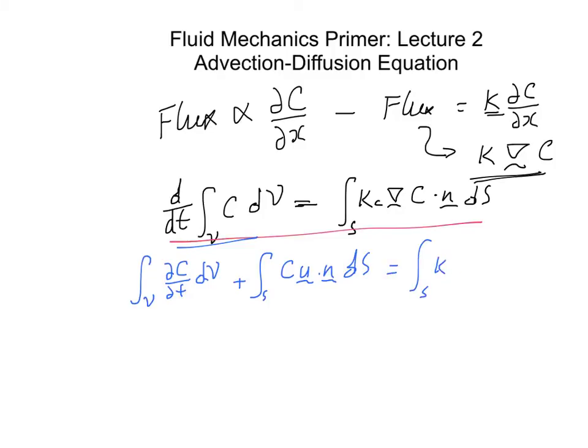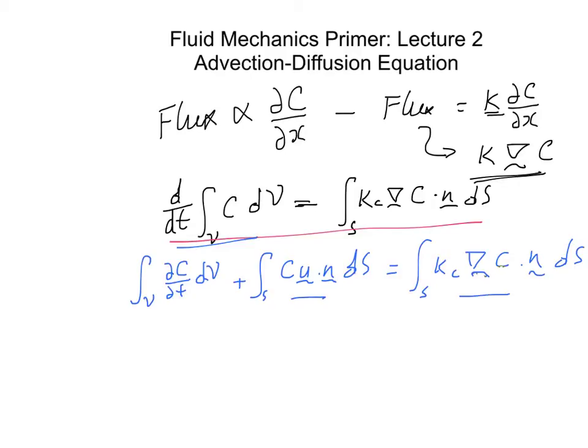So now we've got 2 area integrals and a volume integral, and once again we're going to apply Gauss's theorem, or the divergence theorem, to turn these 2 integrals back into volume integrals.